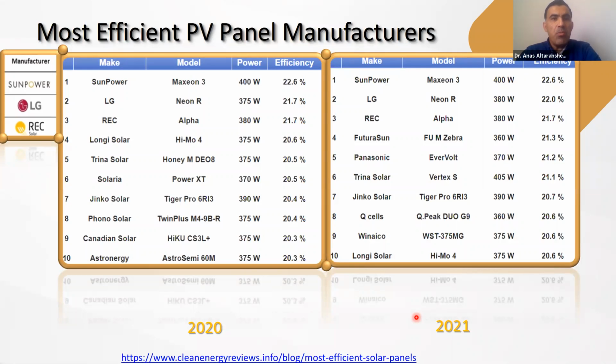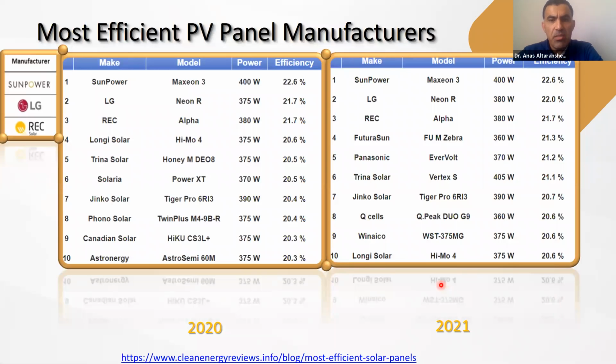Okay, now what are the most efficient PV panel manufacturers right now? Actually, this table shows the best manufacturers for the last year and this year. As we see, the top three companies are SunPower, LG and REC.